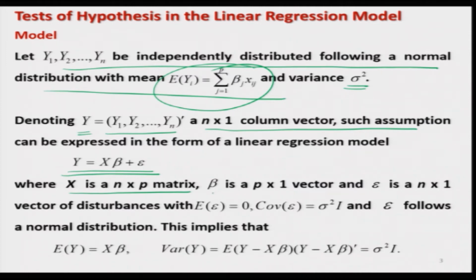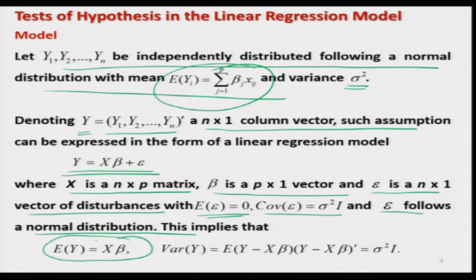Beta is here a p cross 1 vector of the regression parameters that is unknown, and epsilon is an n cross 1 vector of random error components or disturbances, with expected value of epsilon equal to 0, and covariance matrix of epsilon is sigma square I, and we assume that epsilon follows a normal distribution, right. So, we can write that expected value of y is equal to x beta, and covariance matrix of y is given by sigma square I. So, that we already have done, right.